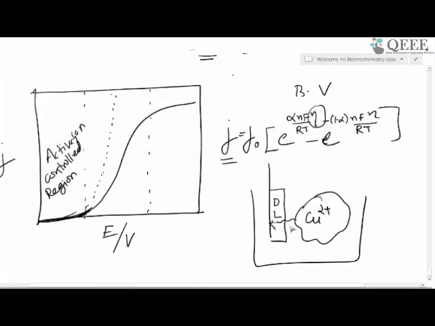When it goes through the double layer, it may have to cut down its hydration shell. Suppose copper 2+ is surrounded by 3 water molecules; to go through this double layer it may have to cut down some of its ligands, or redesign its hydration shell and insert itself through the double layer. When you have to cut down these ligands, it has to do some work, which means spending some energy.